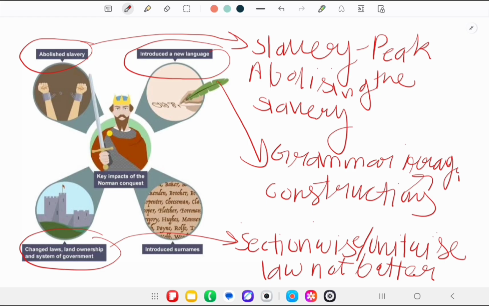While the laws, land ownership, and system of government were better than in the Old English period.